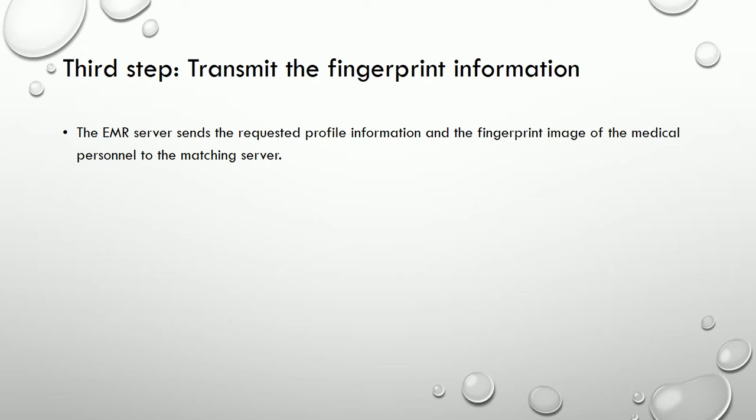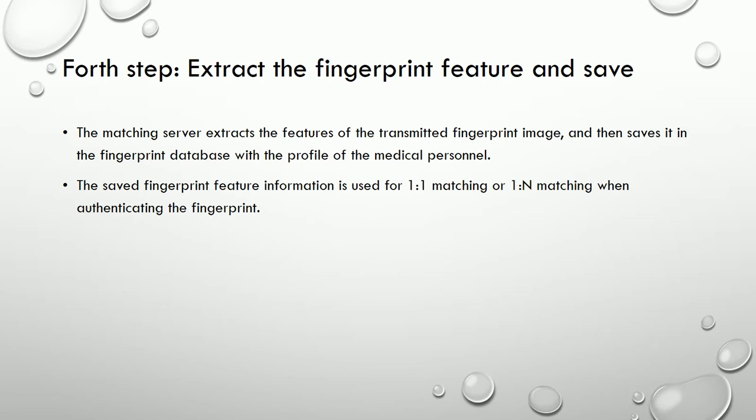The electronic medical record server sends the requested profile information and the fingerprint image of the medical person to the matching server, and then in the matching server it will extract the features of the transmitted fingerprint image, and then save it in the fingerprint database with the profile of the medical personnel, and this will be required when the person may be asked for the request for the authentication.